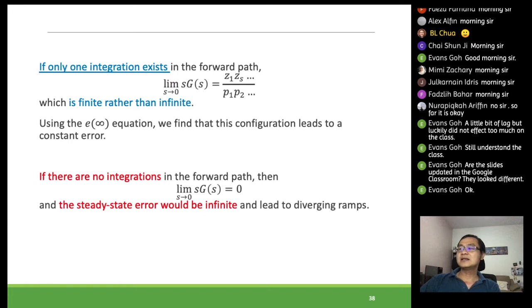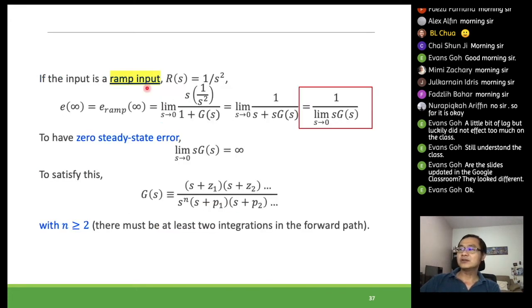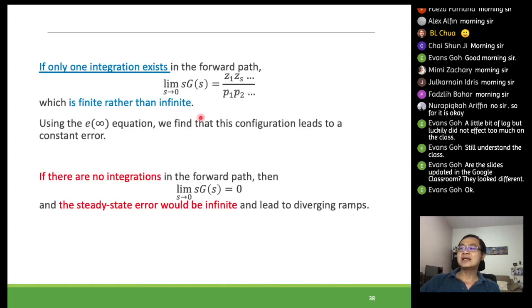Similar to the previous case, if there is only one integrator, you will cancel out and you will get a finite value. Now when we apply integrators to our ramp input, we get either finite or zero steady state error.